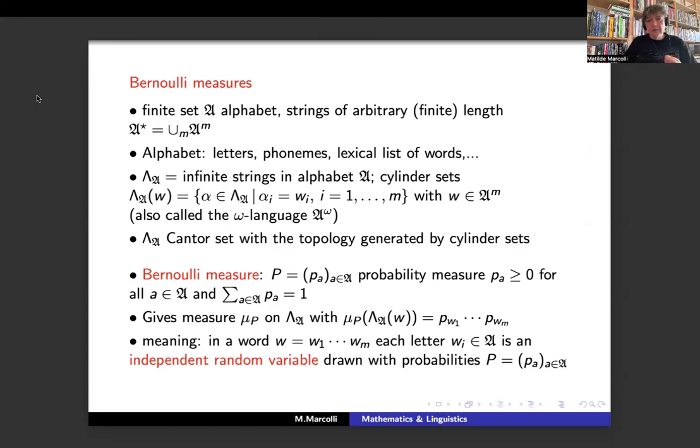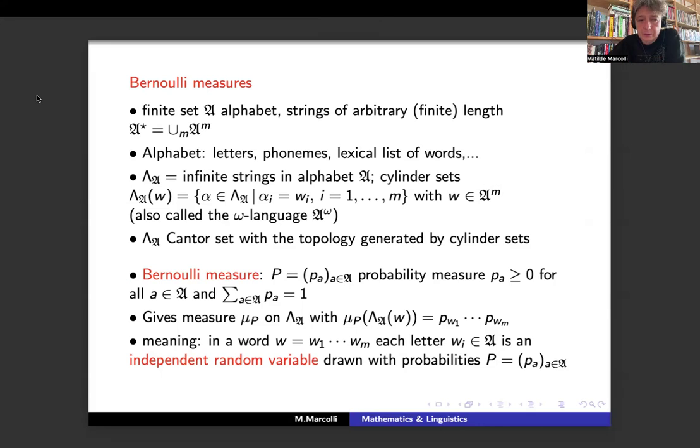And the Bernoulli measure, where you assign probabilities to the letters of the alphabet, induces a probability measure on this topological space, where the generating sets of the topology, the cylinder sets, have probability which is just the product of the probabilities assigned to the letters of the initial string that determines the cylinder set.